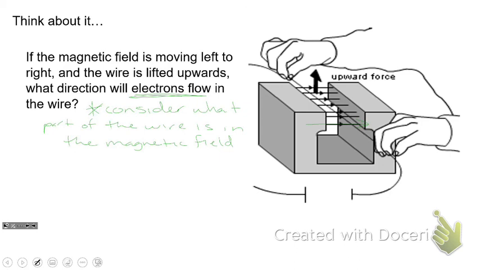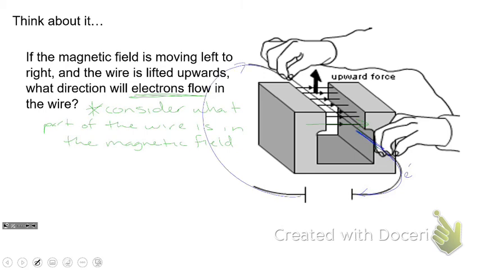If the wire is lifted upwards and the magnetic field goes left to right, where are those electrons going, Susanna? Towards us, right? So electrons are going to come here, and they're going to be deflected that way. And they're going to go out in that way, right?